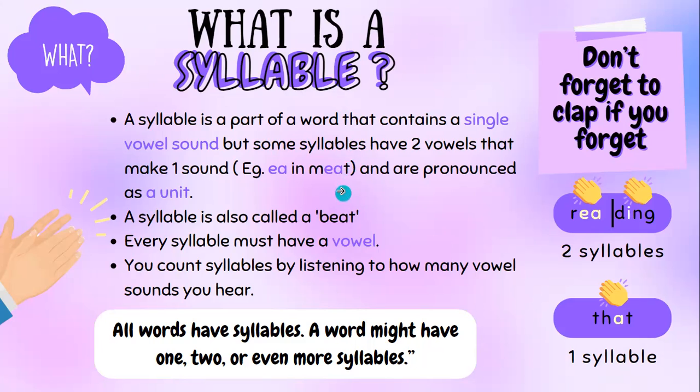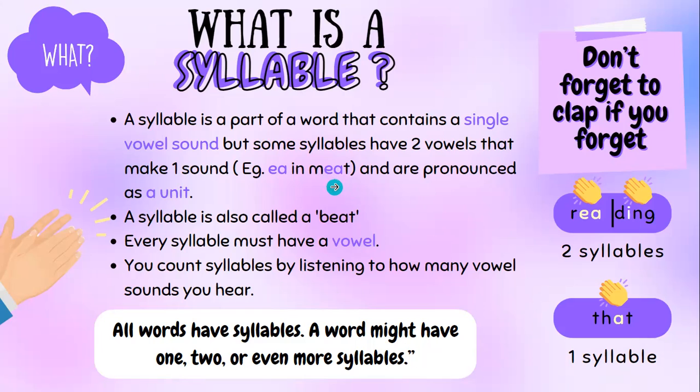We can also produce long sounds of vowels, and these are made by usually combining two different vowels. For example, in the word meat, the E and the A are combined and make a long E sound.